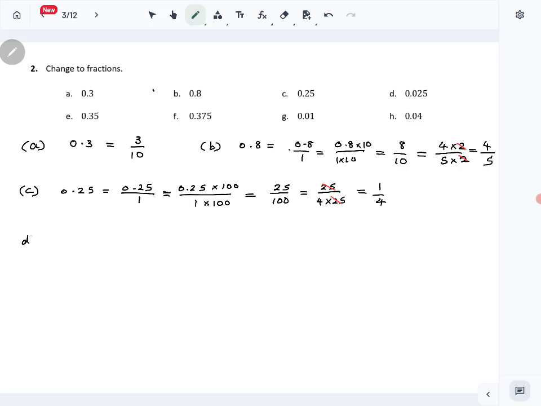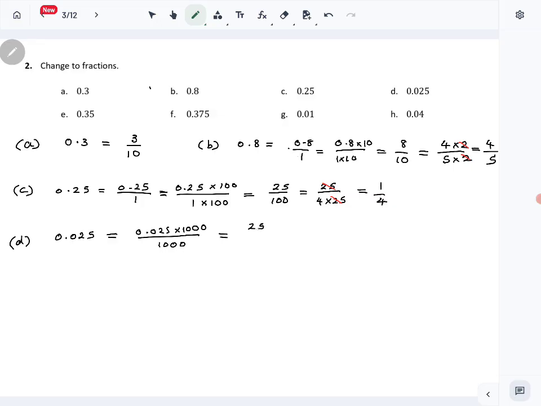Then part D, 0.025. So 3 decimal places means what? I have to multiply by what? By 1000, both the numerator and the denominator. So then you get what? 25 over 1000. So 5 times 5, 5 times 200.